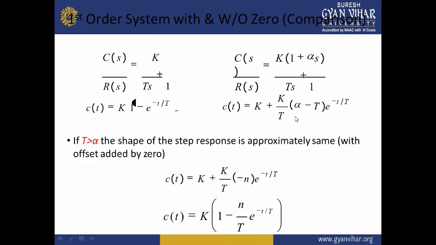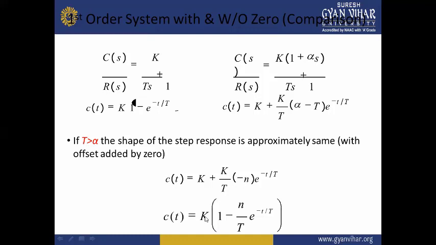Now if T is greater than alpha, if the time constant is greater than alpha, then this term will become negative. With this term, we can say if T is greater than alpha, this term will be approximately equal to T and can be neglected, and we will be getting only the term added by the zero.